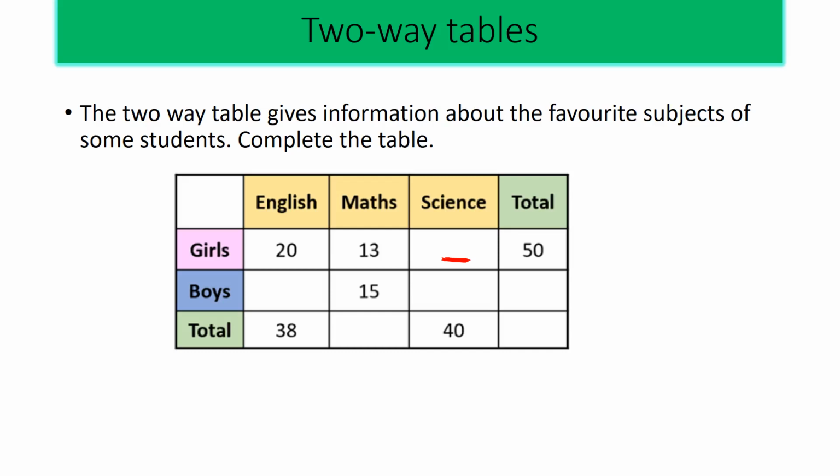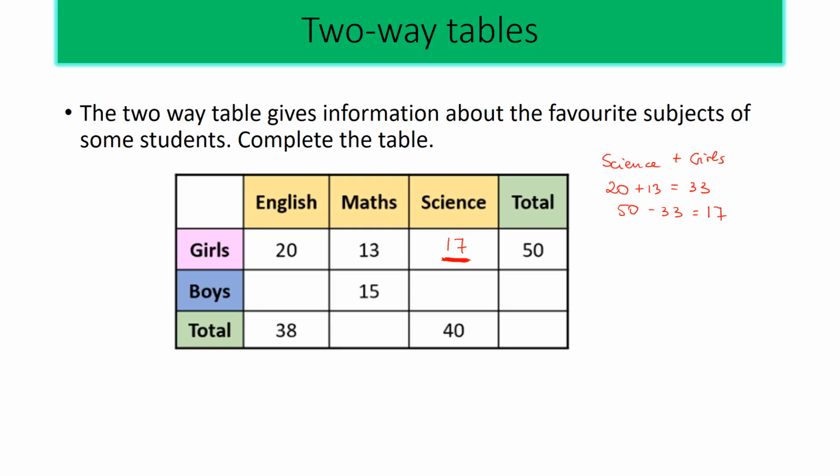So to work out science and girls, we add 20 and 13, which is 33, and then take away 33 from 50, which is the total, and that is 17. So that means that there are 17 girls whose favorite subject is science.